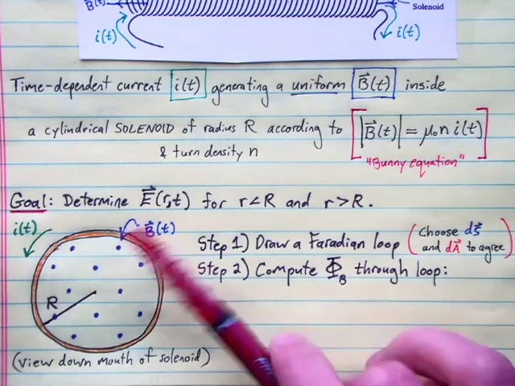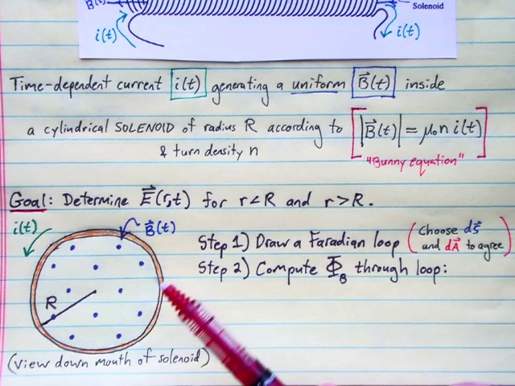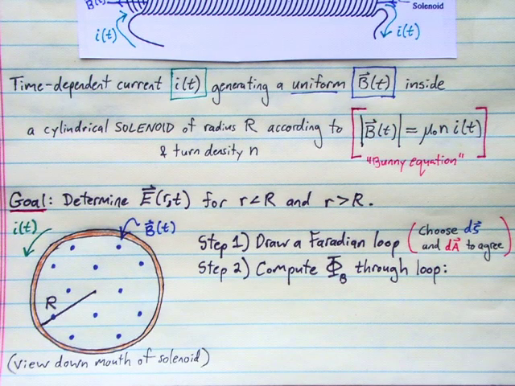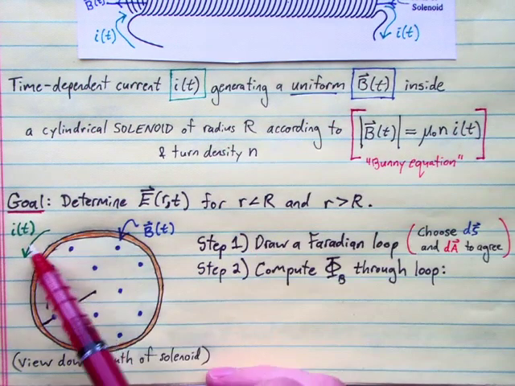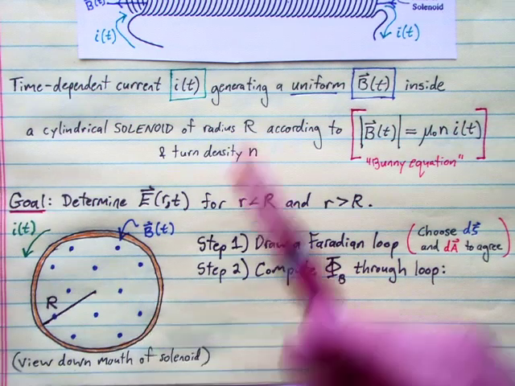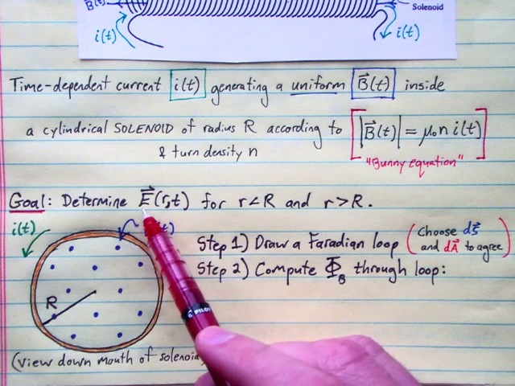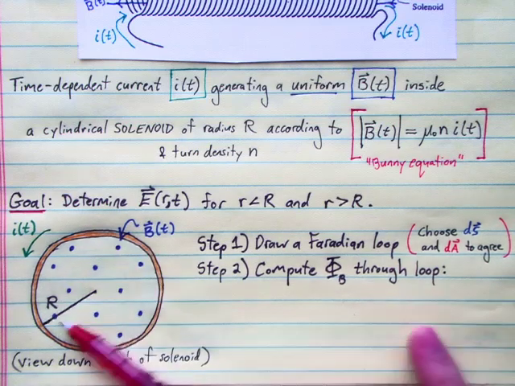All right, so this current is generating this B field. So far, there is nothing being induced right now. This is not an induced current. This is our starting current that's generating this B field in the first place. Okay, we would like to find the induced electric field that's going to make an appearance inside this region.